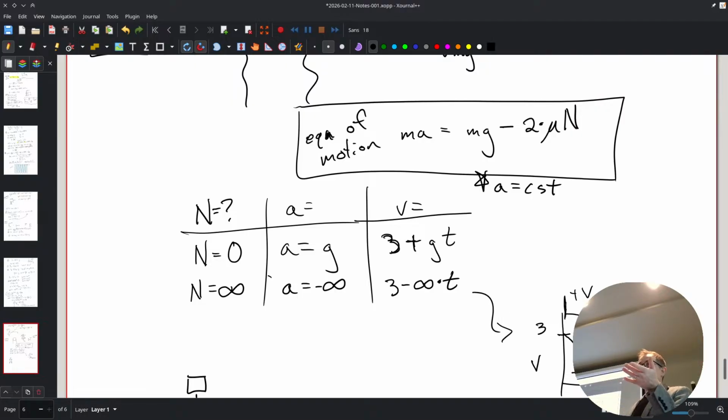So if a is constant, then the kinematic equations hold true. We don't need to go through differential equations or anything. We have an extra term in there, that normal force, that we can play around with, but we don't need diffeq to solve this problem, which is nice. Nice to skip a little bit of math along the way.